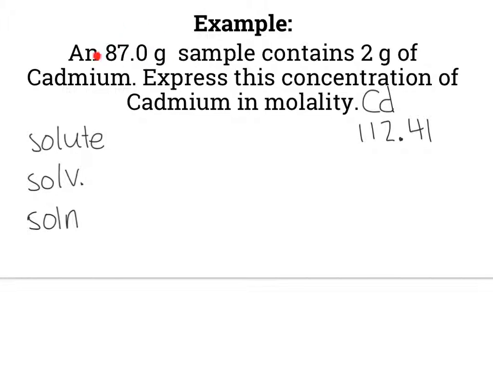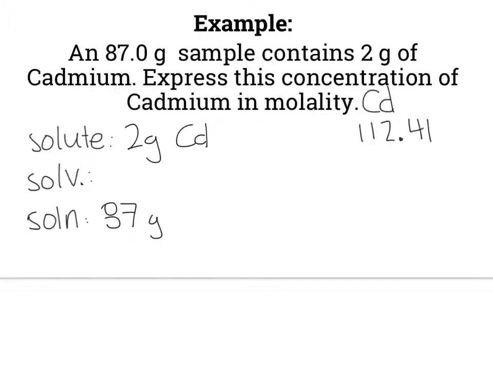If this 87-gram sample contains 2 grams, that's saying that 2 grams of this are cadmium. The rest of it isn't. Since cadmium is very small in that sample, our solute is our 2 grams of cadmium. Our solution is that 87 grams.